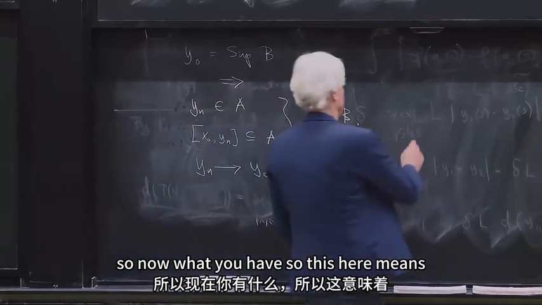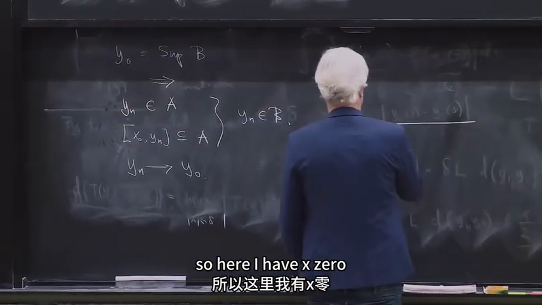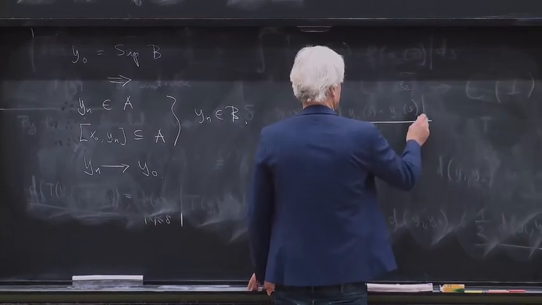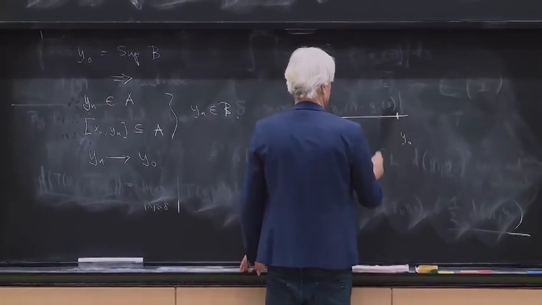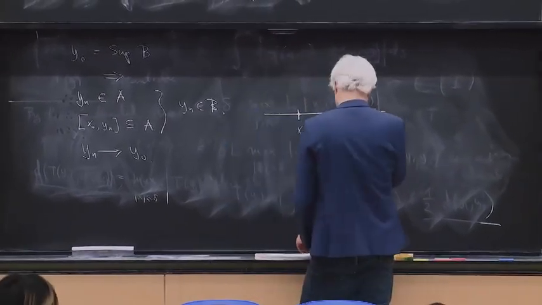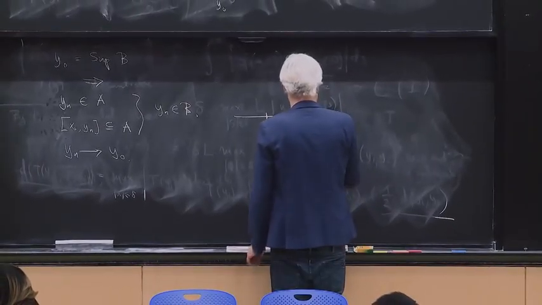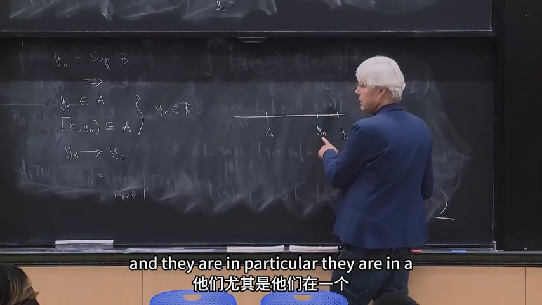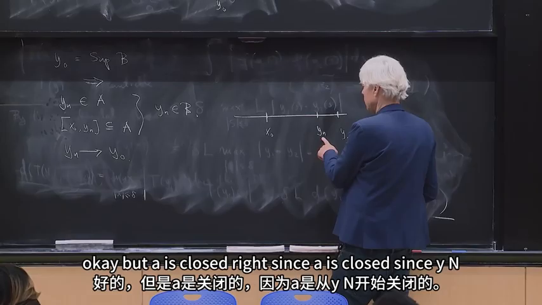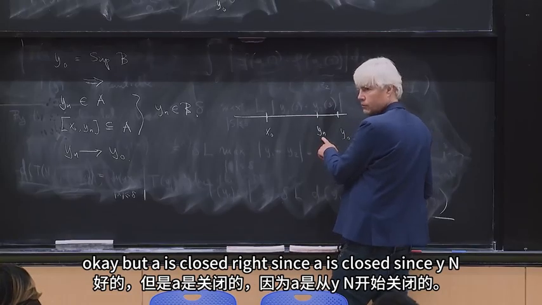So now what you have, so here I have x0, here I have y0, and I have these elements, yn, and they are, in particular, in A, okay? But A is closed, right?